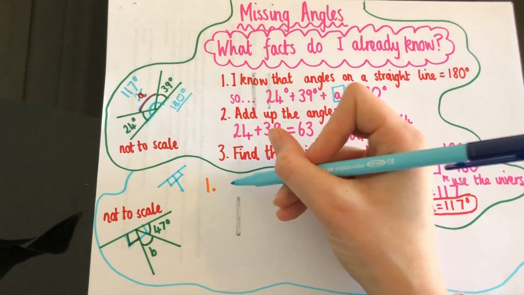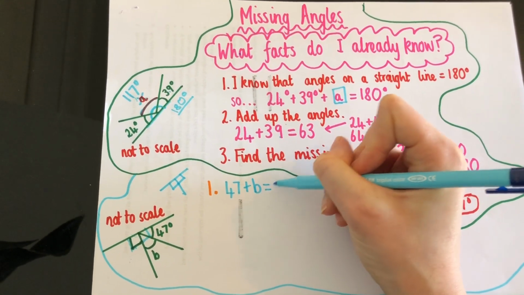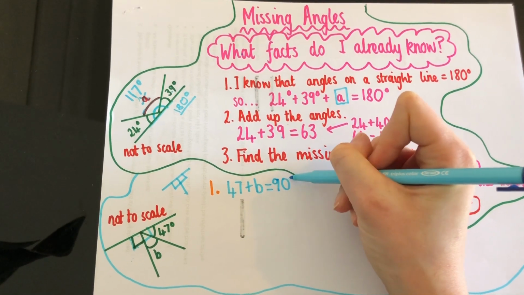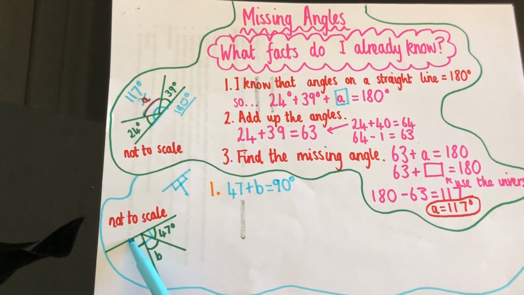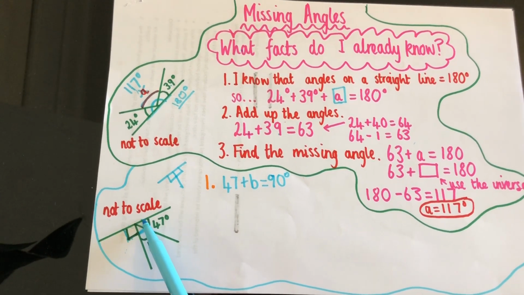So now I know that 47 plus B equals 90 degrees, because I've got 1 right angle here, and I know to get to 180 I'd need another right angle.